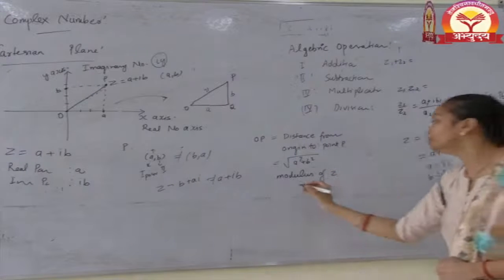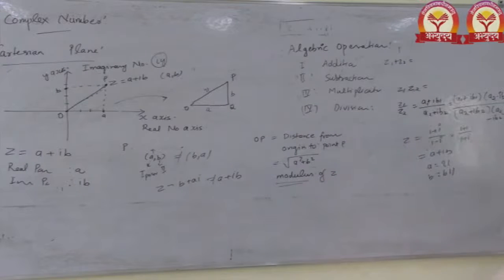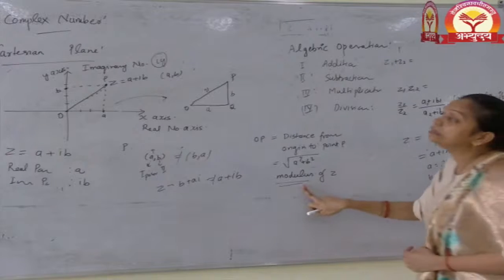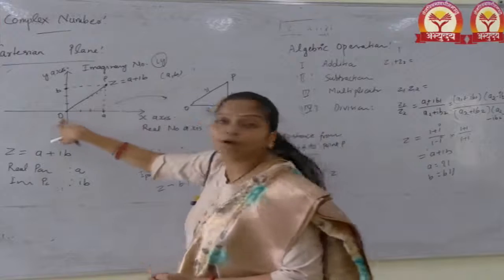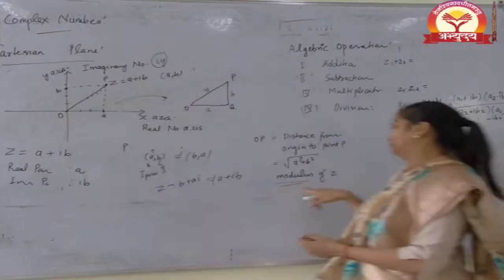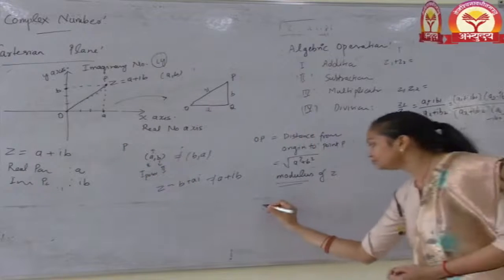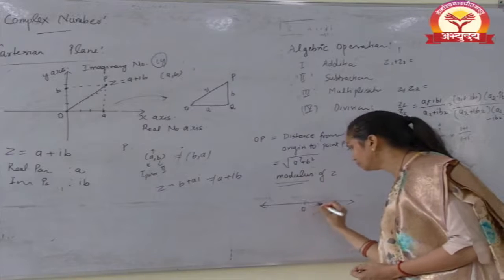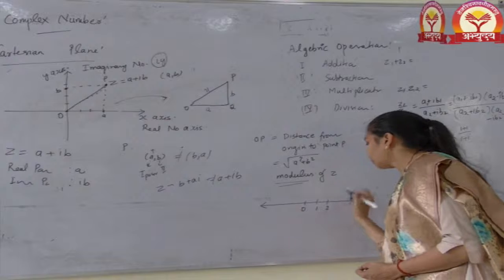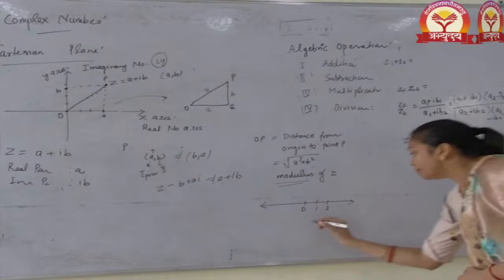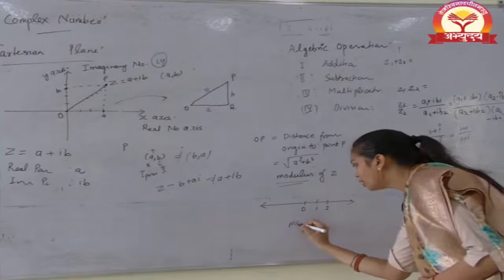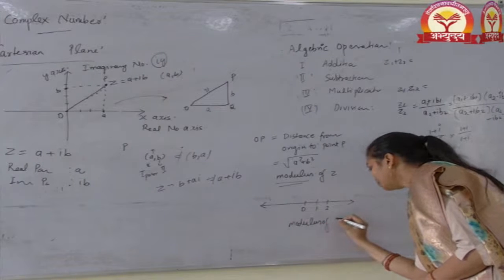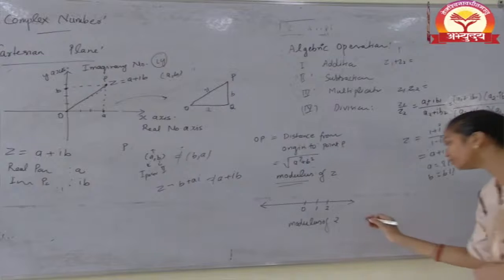Okay. New term, modulus. Modulus is what? The definition of modulus: modulus will give the distance of a point from the origin. In the real number system, suppose you have to find the modulus of 2.